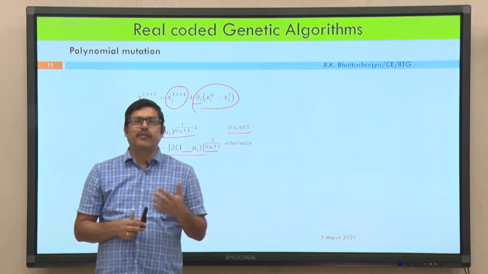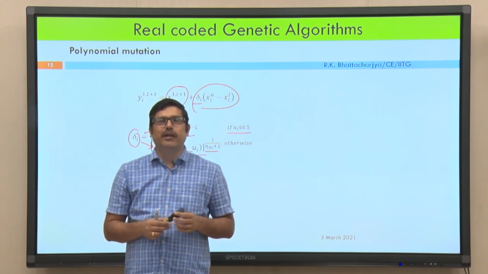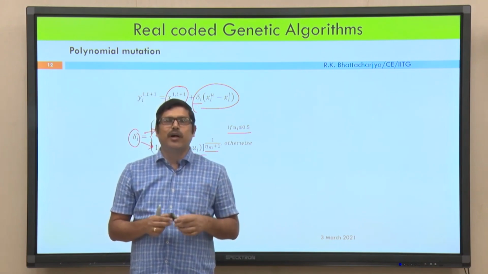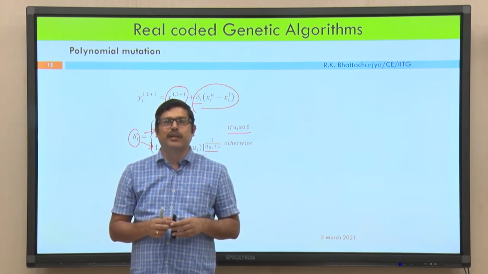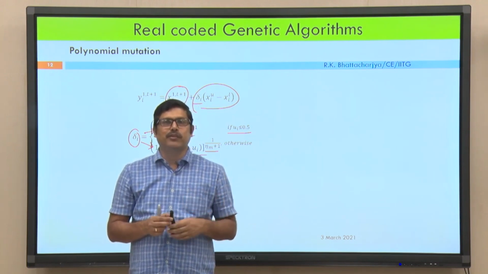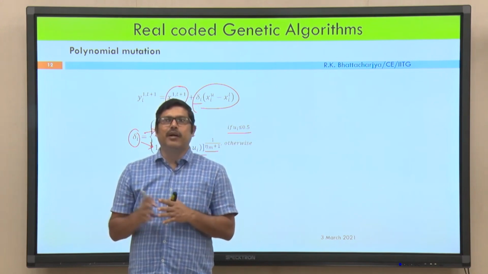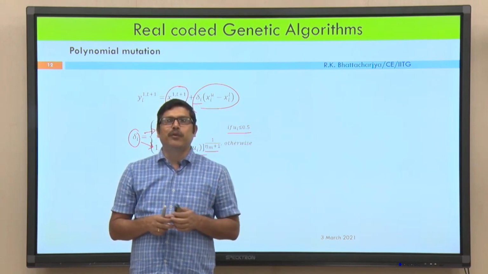I have discussed different crossover operators, and finally the simulated binary crossover. Why do we call it simulated? Because the performance of this crossover is similar to binary crossover, but it is a real crossover, and similarly polynomial mutation is also similar to binary mutation.